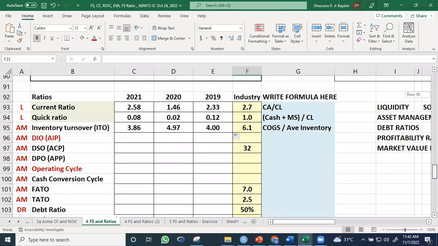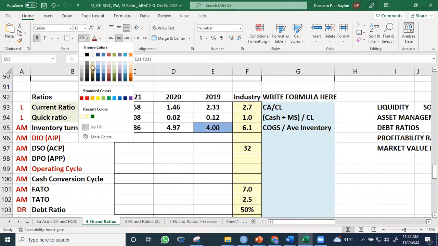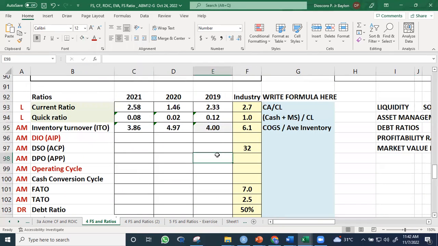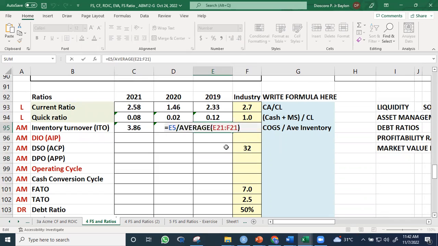So this will just assume that inventory did not change. Okay? All right, so just be aware of that. Ilalagay ko lang sa isang gray na box, okay? To signify that we don't have inventory for 2019.